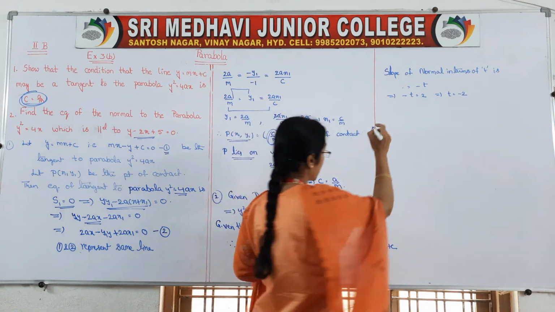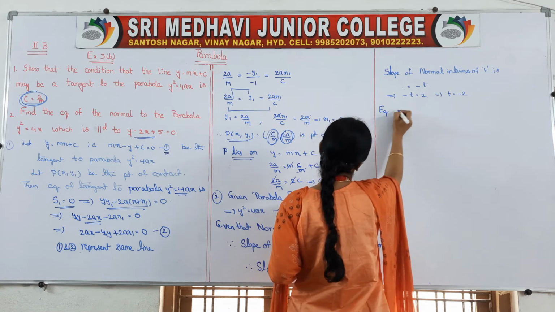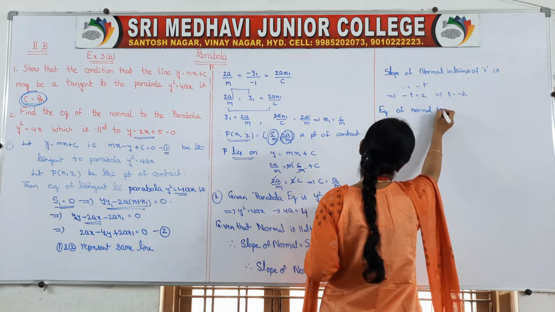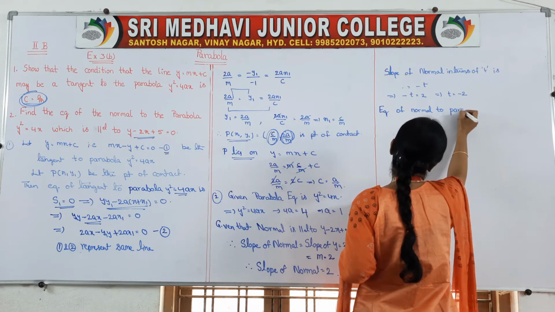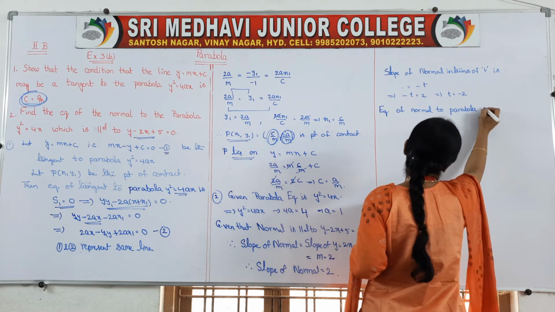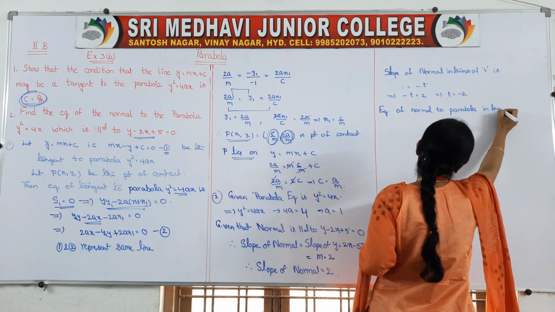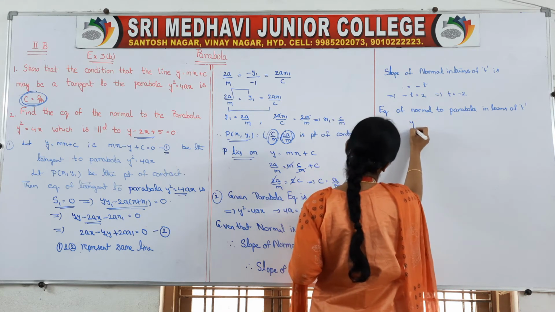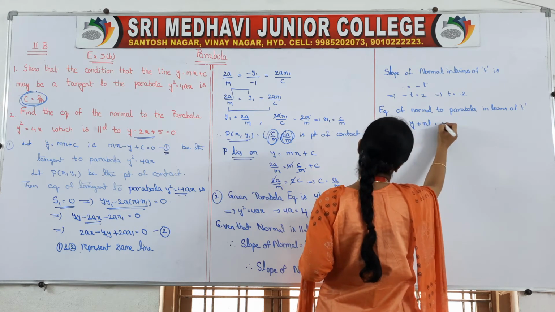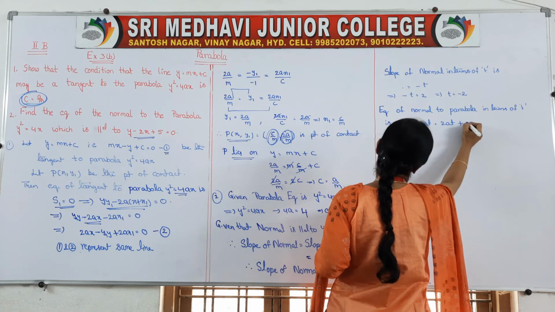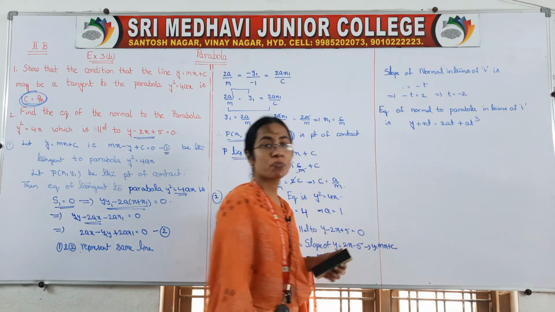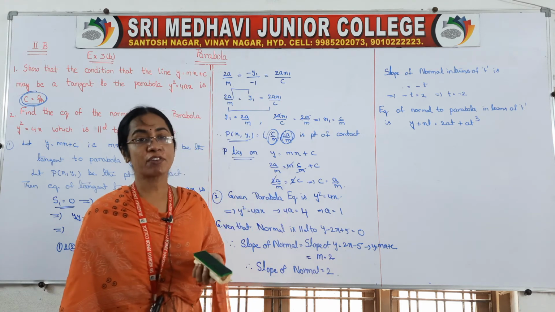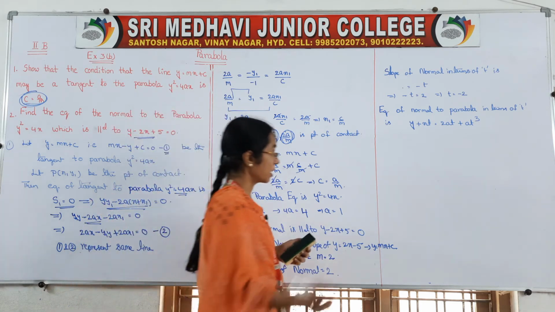Now take the equation of the normal to the parabola in terms of t. The formula is y plus xt is equal to 2at plus at cube. We got t is equal to minus 2, so substitute that to get our required normal equation.